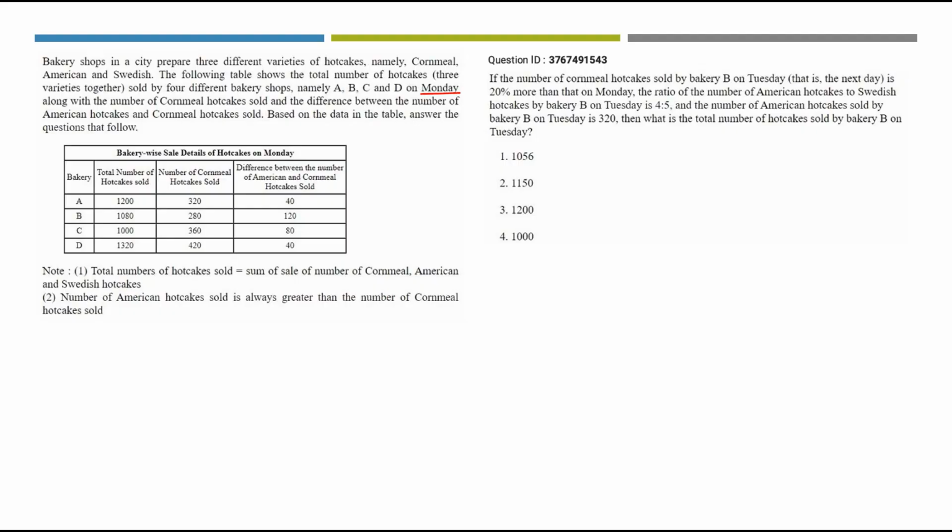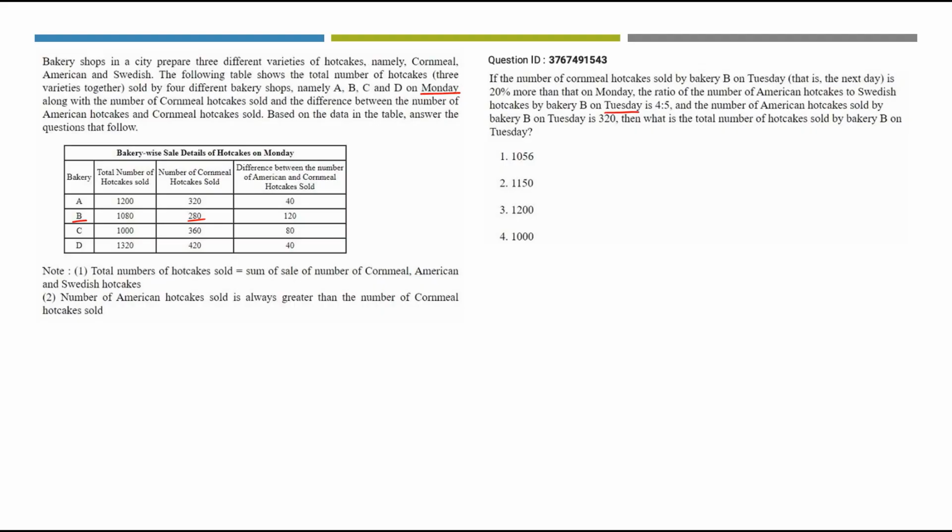So we know the number of cornmeal hotcakes sold on Monday by bakery B, which is 280. For Tuesday, you have to take 20% more than Monday sales. The ratio of the number of American hotcakes to Swedish hotcakes by bakery B on Tuesday is 4:5.